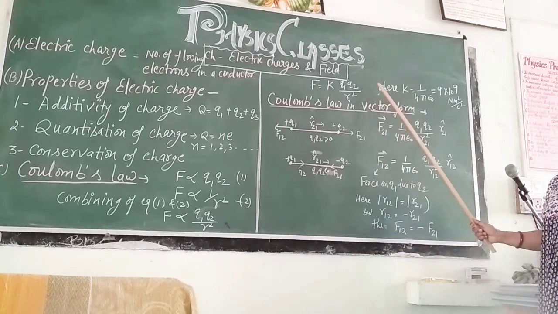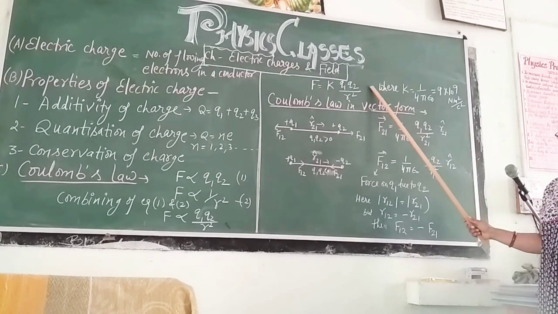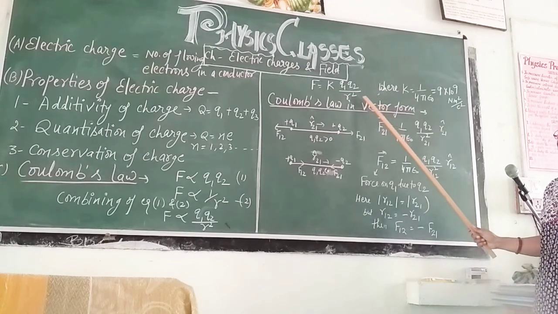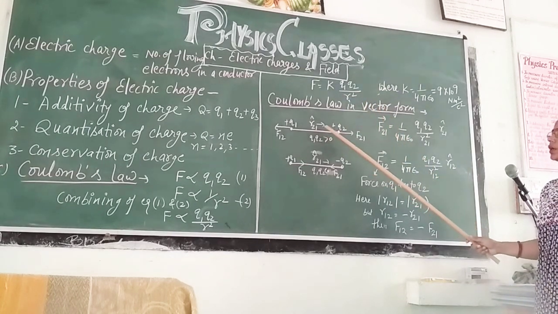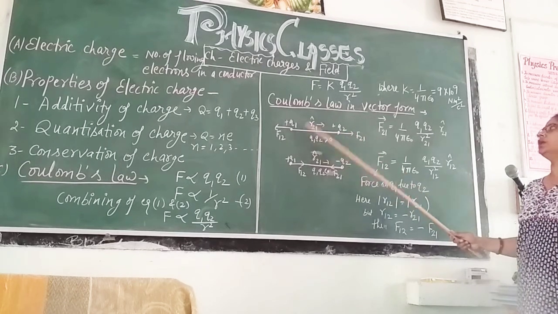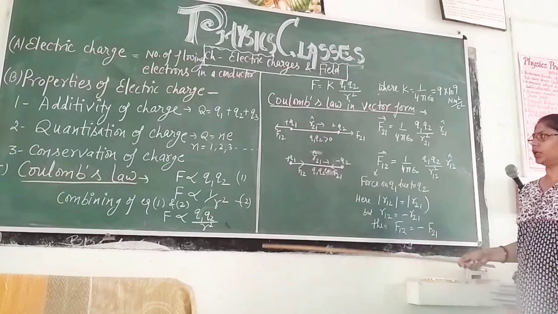Force is a vector quantity, but q1 q2 is a scalar quantity, and r is a scalar quantity. But if we use the position vector, giving the distance from q1 to q2 or q2 to q1, then distance converts into a position vector, which is a vector quantity.